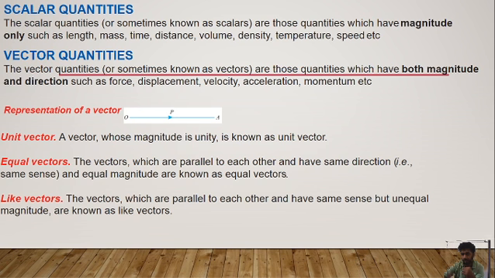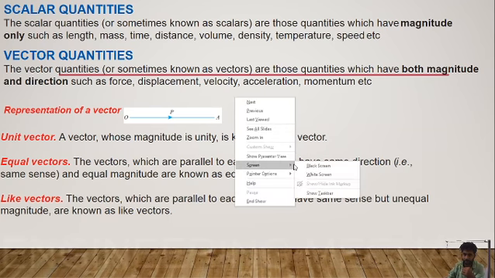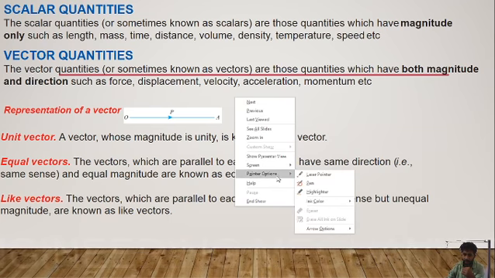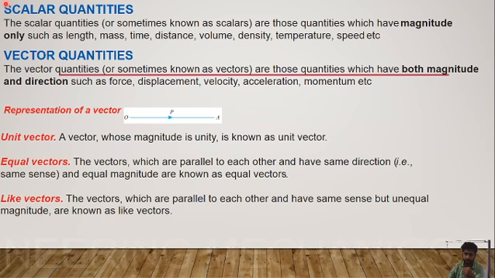In which direction? Upward or downward, towards left or towards right. So some quantities require both direction and magnitude, and those are called vector quantities. Some require only magnitude, and those are called scalar quantities.